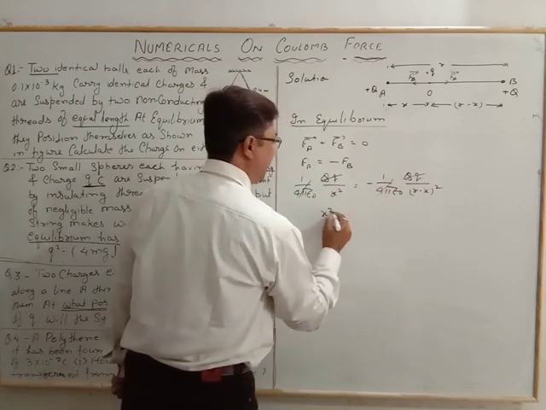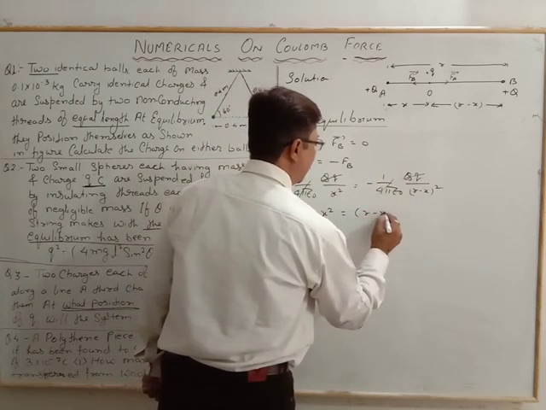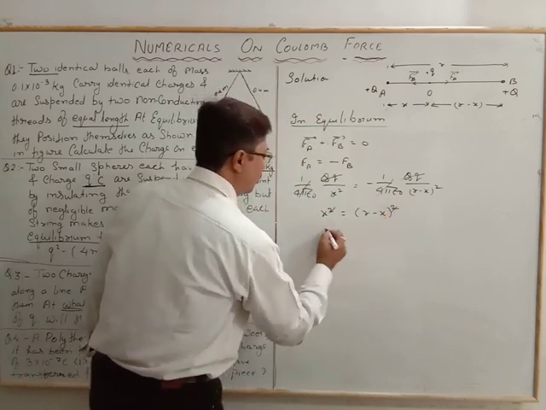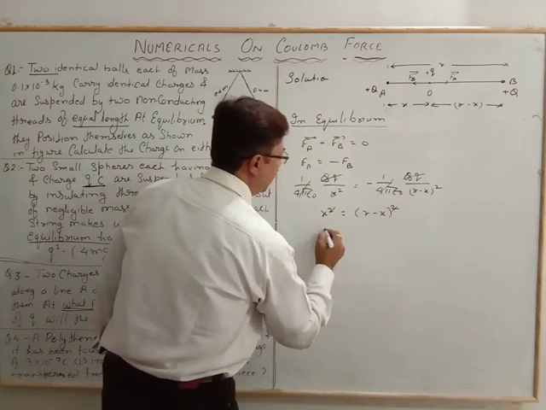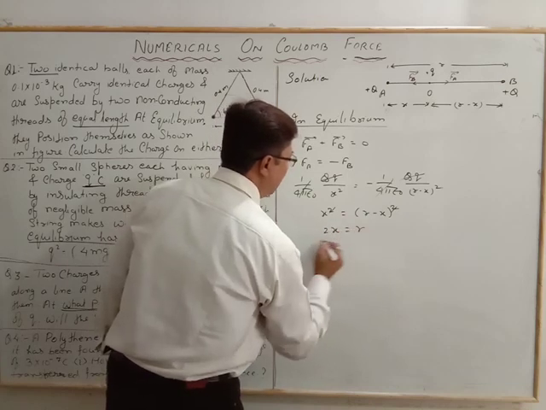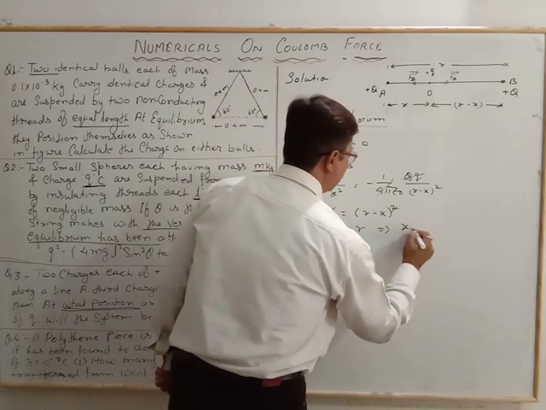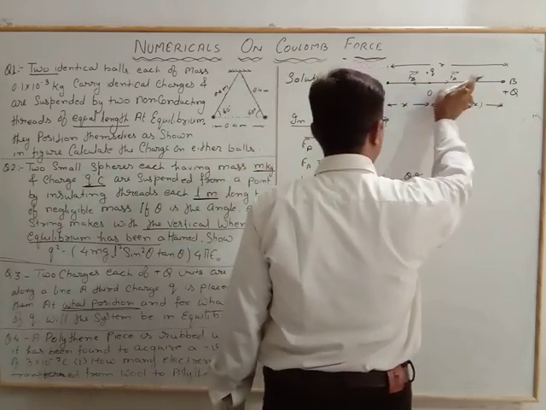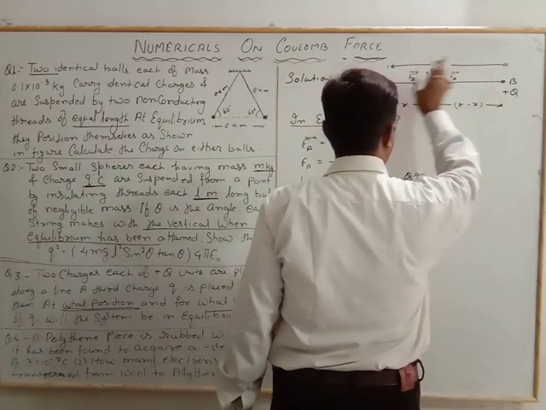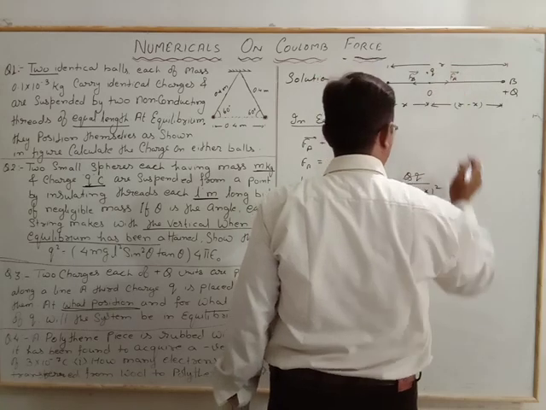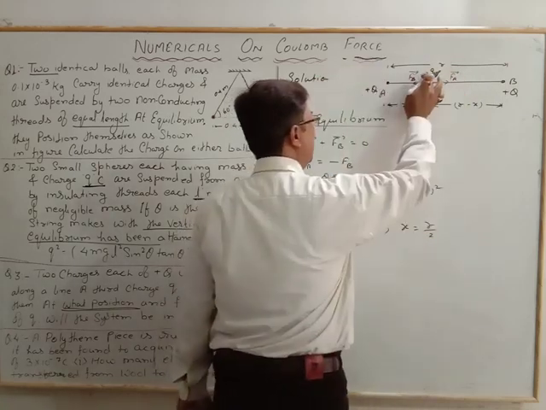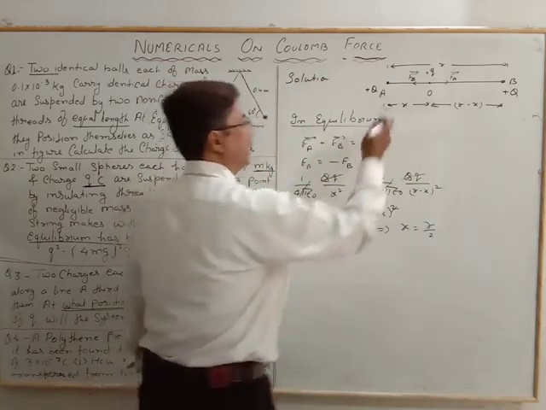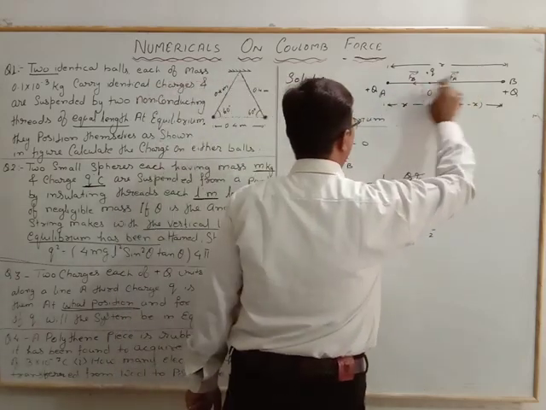So x square is equal to r minus x whole square, or the squares cancel. So 2x is equal to r, which implies x is equal to r by 2. That means it is the center of the line between the two charges, the position where the small q is placed, at the middle of the line.